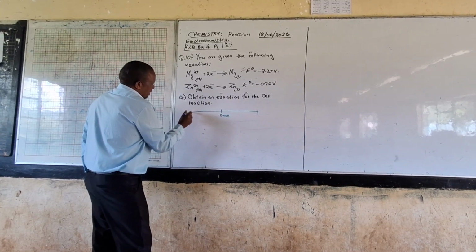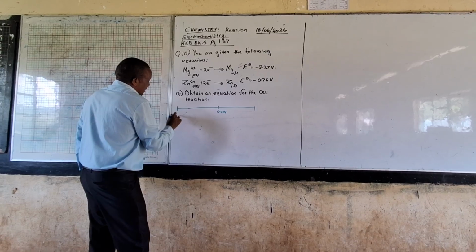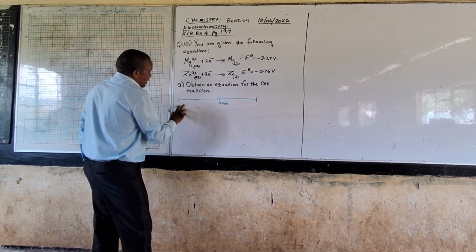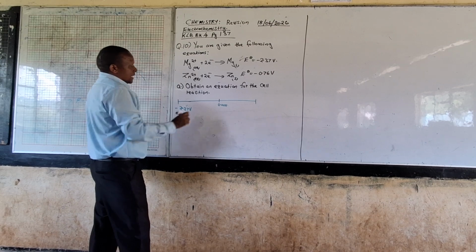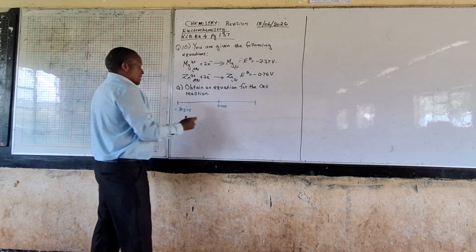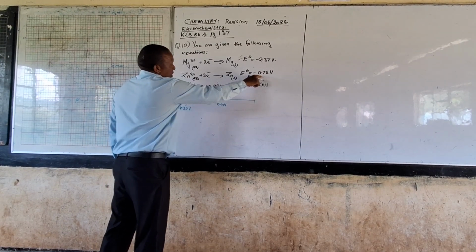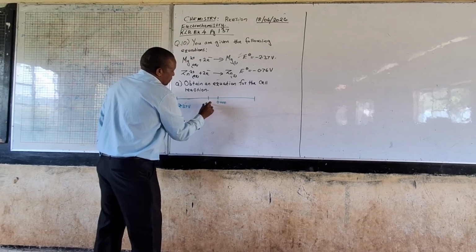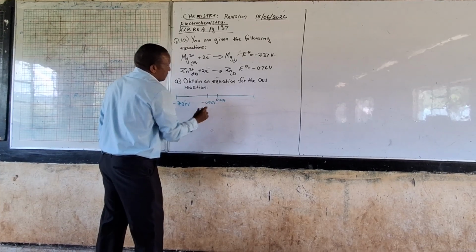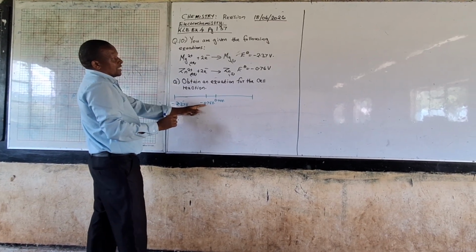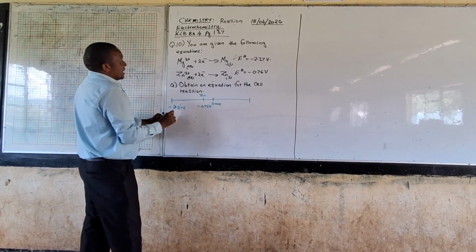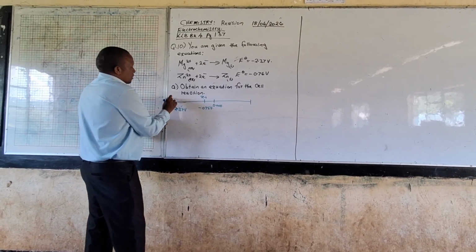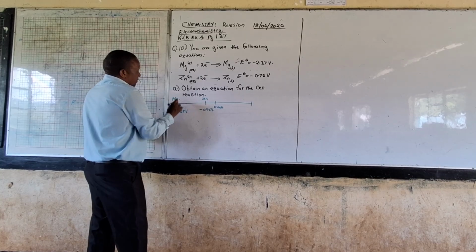Yes, we'll be having on the left hand side negative 2.37 volts. Then followed by which one? Negative 0.76 volts. So negative 0.76 volts belongs to zinc, while negative 2.37 belongs to magnesium.